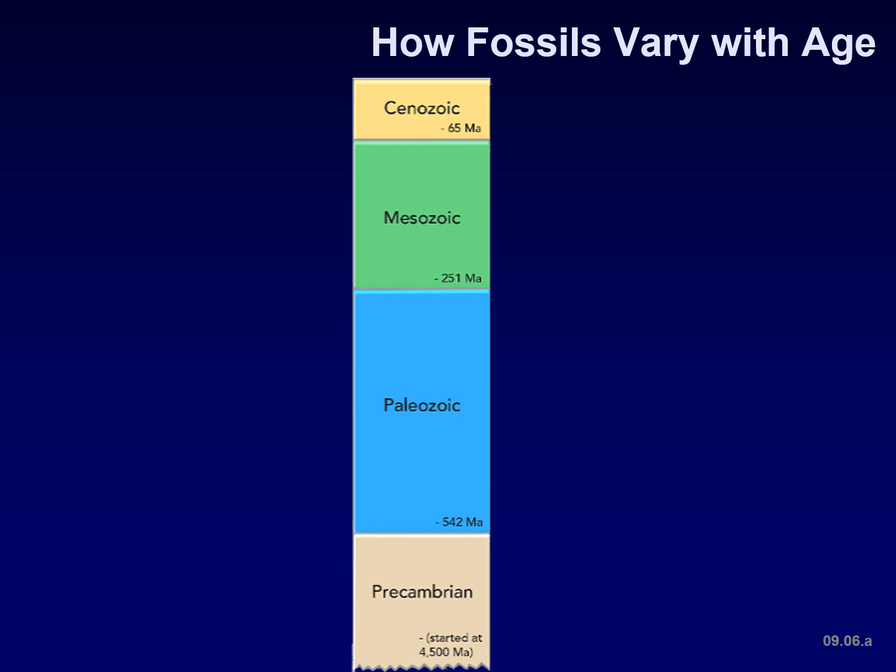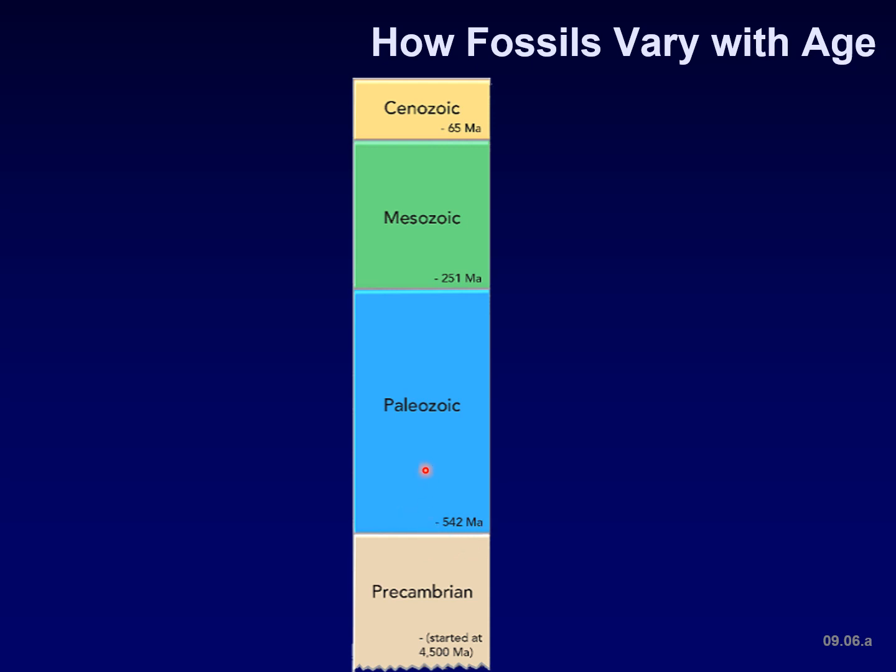This slide is kind of a preview of what we're going to talk about in Earth history, but since we're talking about fossils, I wanted to include it. So this is how fossils vary with age, generally speaking. Down here, we've got the Precambrian, from the formation of the Earth up till about 550 or so million years ago.